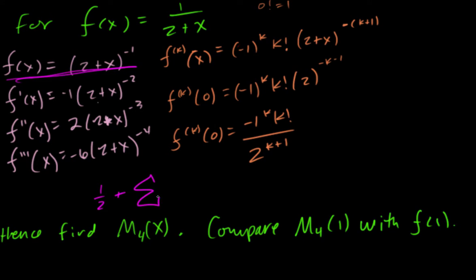And so then we can just look at it from k equals 1 to infinity instead of from k equals 0 to infinity. And we're going to get this thing, -1 to the k, k factorial, over 2 to the k plus 1.